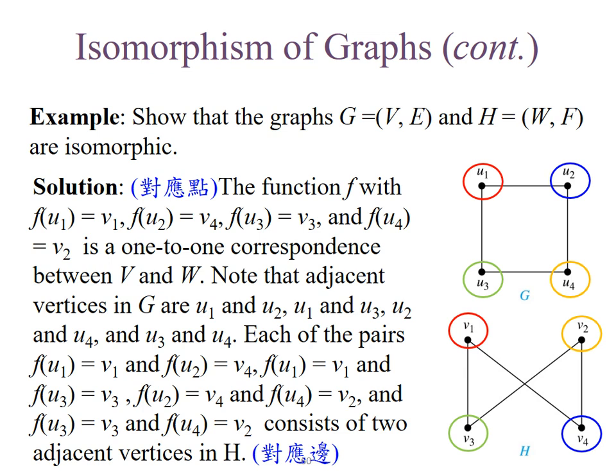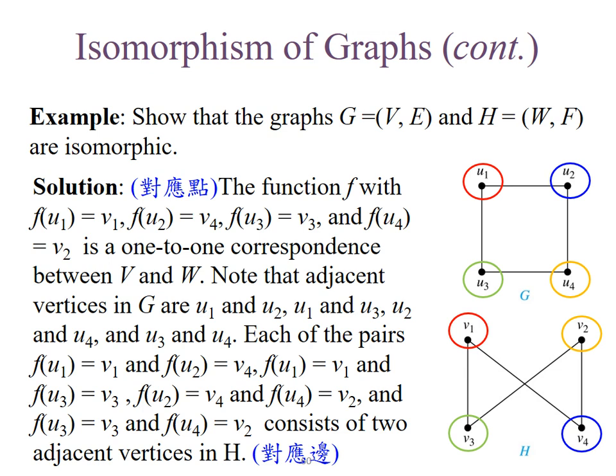You take the pin out of the board and put it in another position, and then you also put U2 in the position of U4. If you switch the pins, the rubber bands will go in different directions as well. If you can apply these operations, that means this graph is derived from the original graph. If you switch the pins, the corresponding edges also change. That makes these two graphs isomorphic.